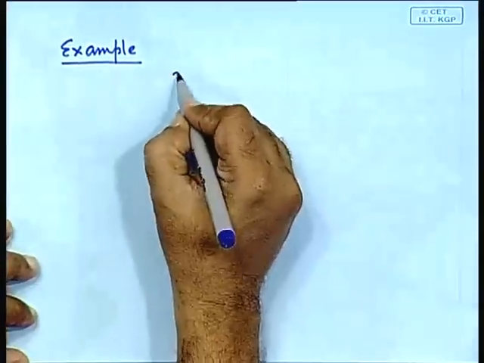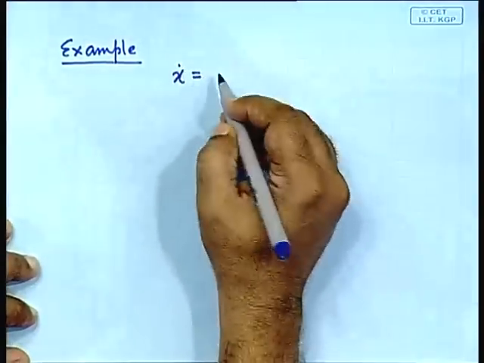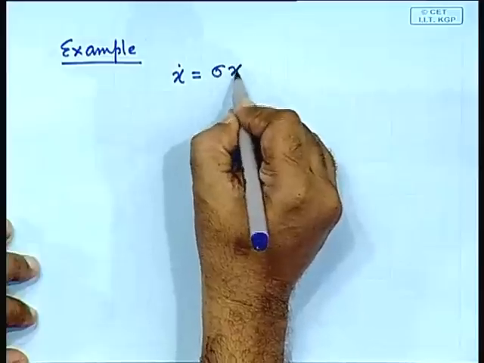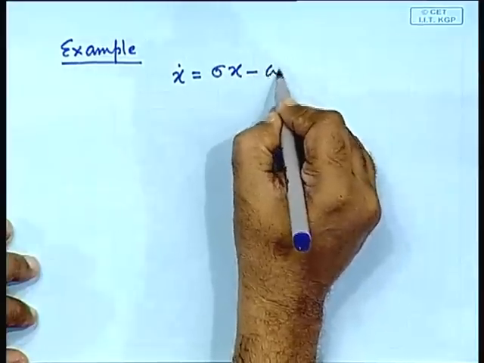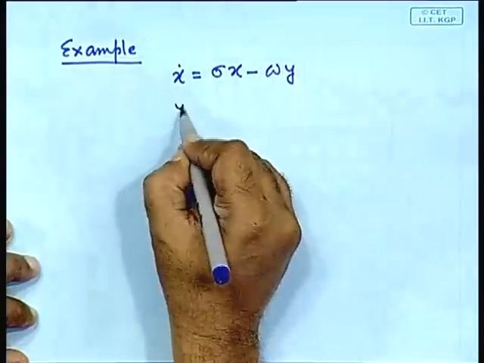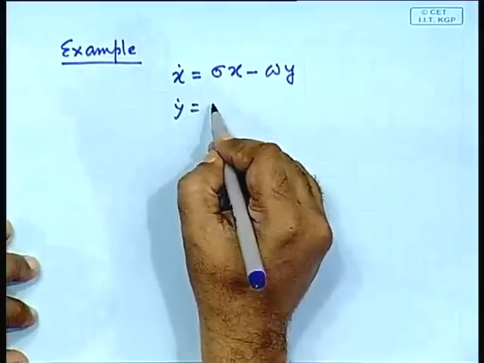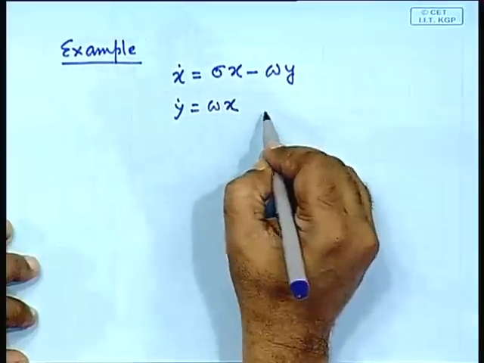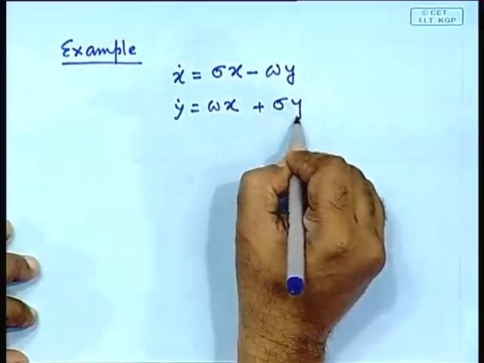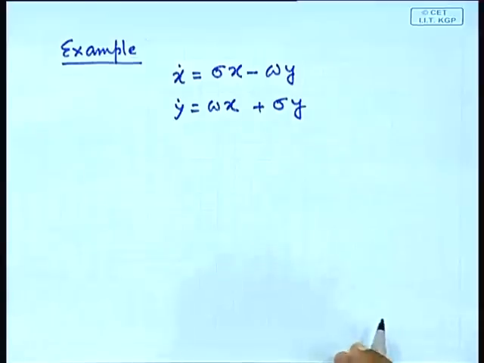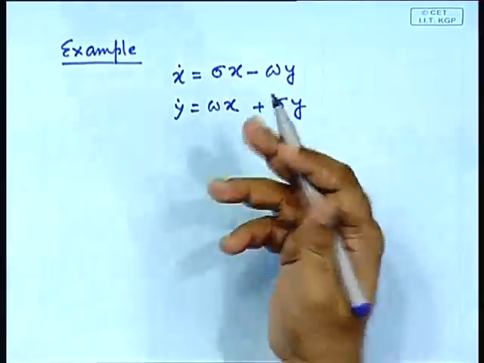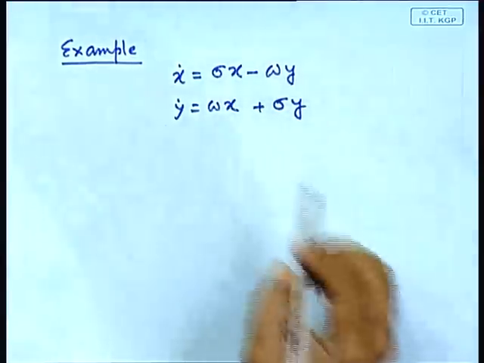Consider a system x dot is equal to sigma x minus omega y and y dot is equal to omega x plus sigma y. This omega and sigma could be any number, but we have just chosen one.